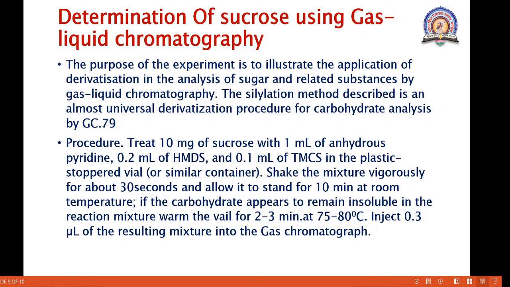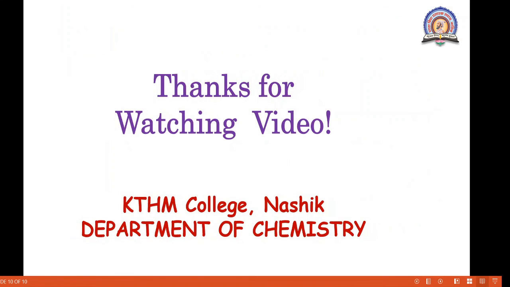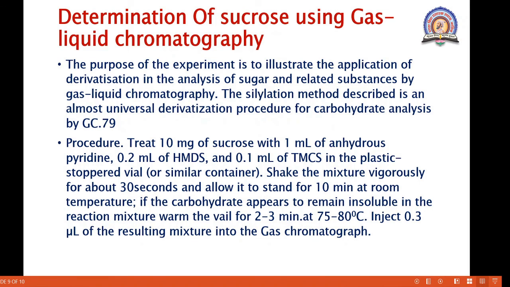If the carbohydrates appear to remain insoluble in the reaction mixture, warm the bottle for 2 to 3 minutes at 75 to 80 degrees Celsius and inject 0.3 microliter of the resulting mixture into the gas chromatograph. Okay, so by this procedure, we determine the sucrose present in the sample.